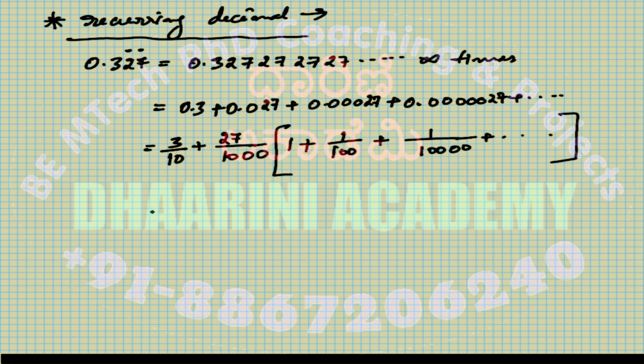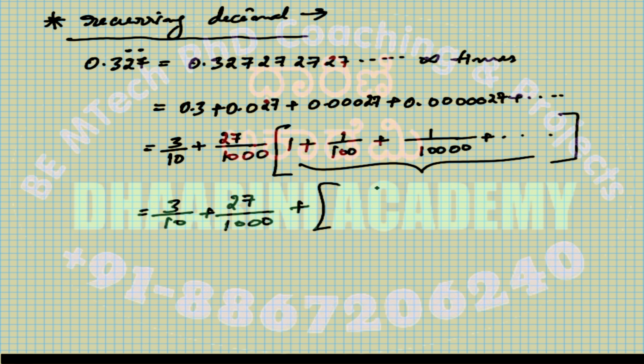Now, let's write this 3 by 10 as it is, 27 by 1000 as it is, into the sum up to infinite terms. What is the common ratio? The common ratio is less than 1 because it's 1 by 100, right? So this is actually a GP with a equal to 1, r equal to 1 by 100, or 10 to the power minus 2.